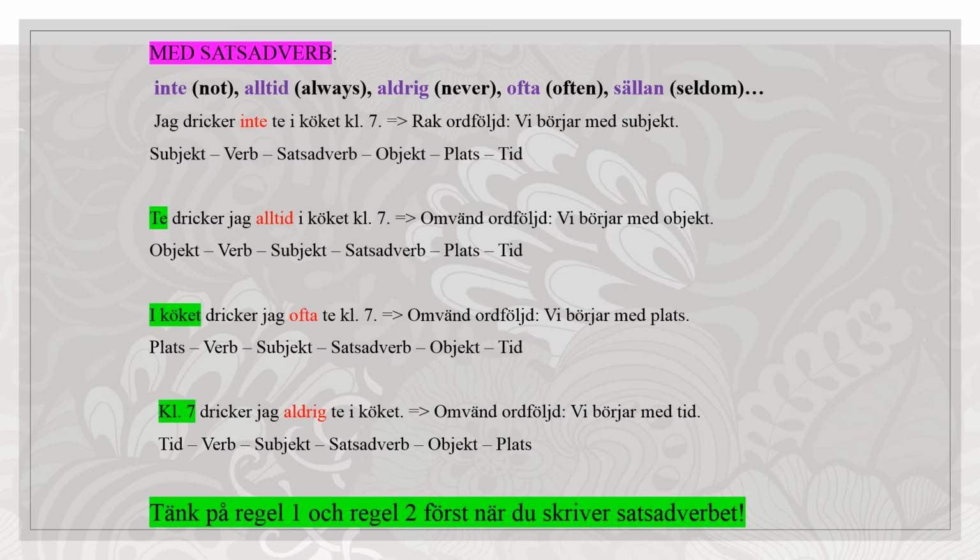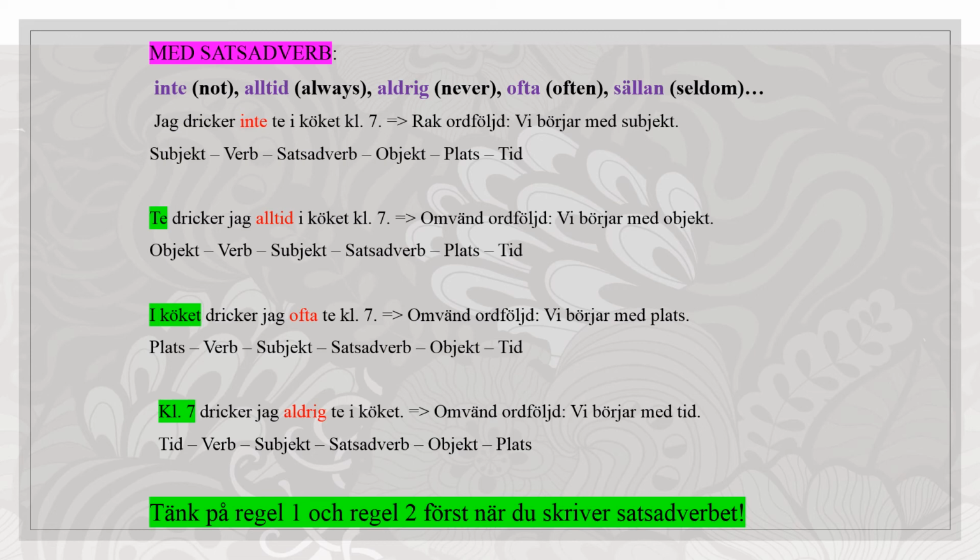Med satsadverb. Satsadverb is adverbs. Inte is not, alltid always, aldrig never, ofta often, sällan seldom. Jag dricker inte te i köket klockan 7. This is a straight sentence.